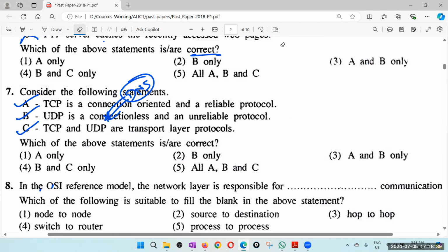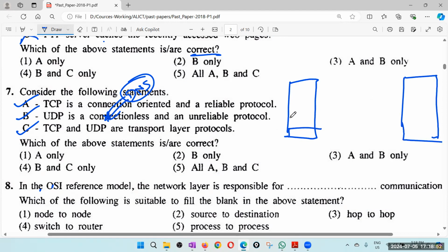I will draw it here. Remember, OSI architecture is a 7-layer architecture. 1, 2, 3, 4, 5, 6, 7.